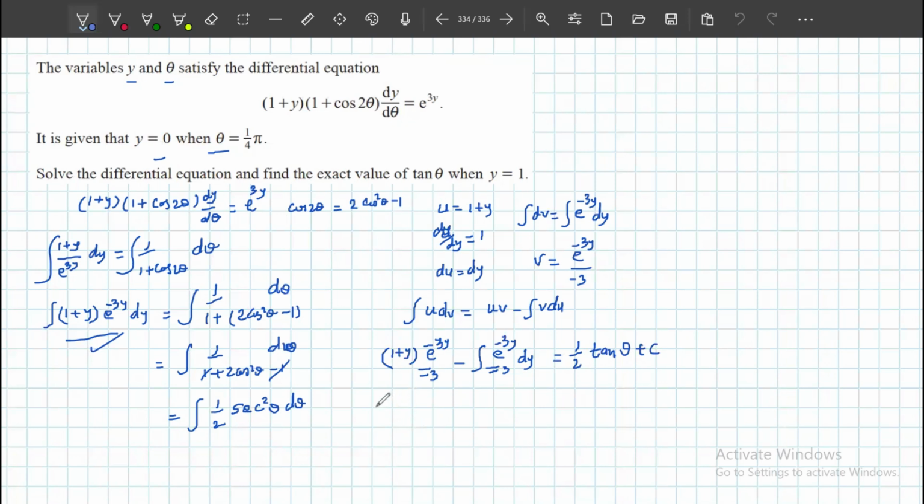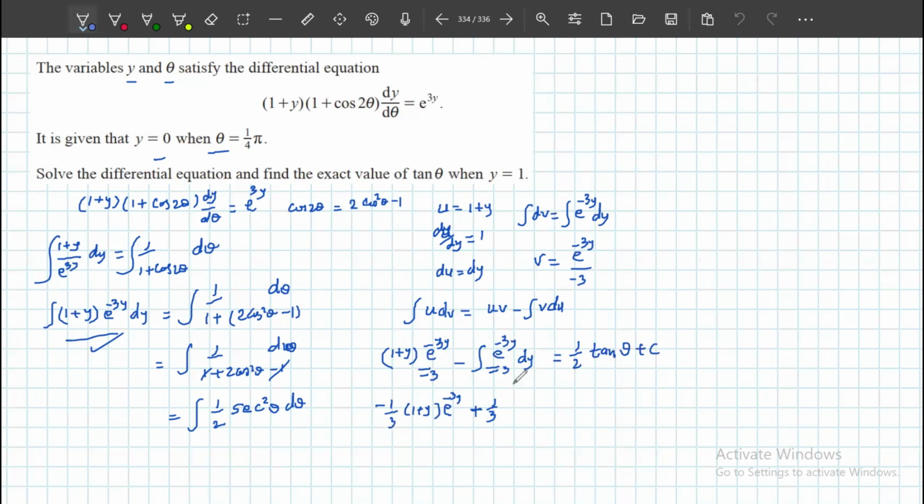So here we can say that minus 1 by 3, 1 plus y, e power minus 3y, and this minus minus is plus, but remember, okay, we can write plus and bring outside this 1 over 3.